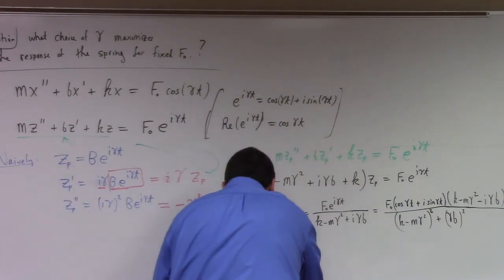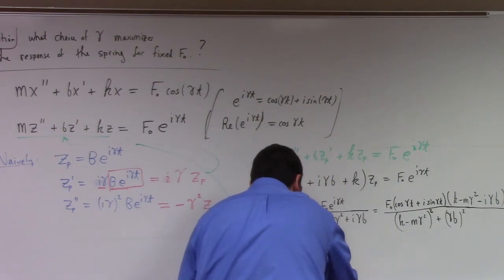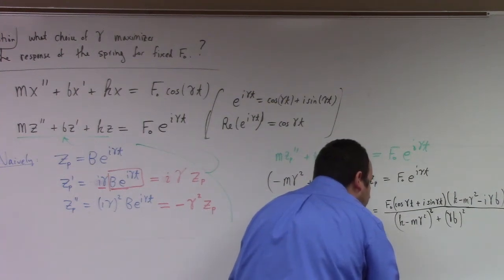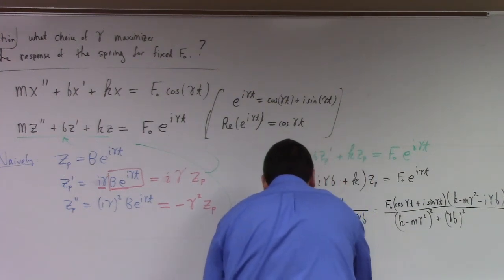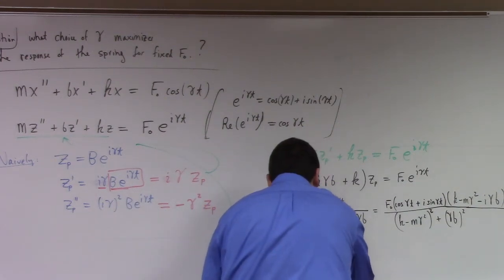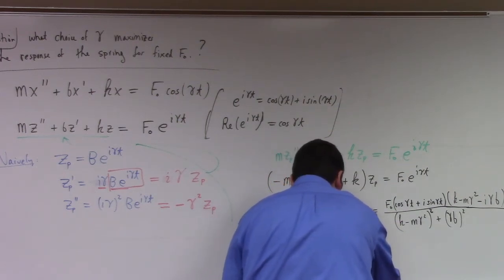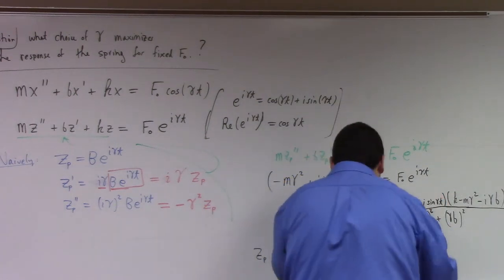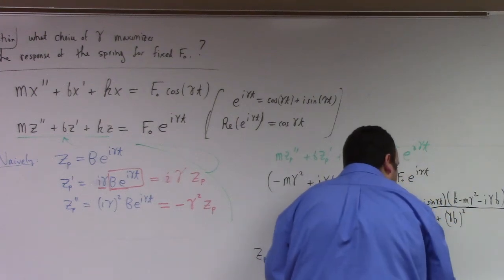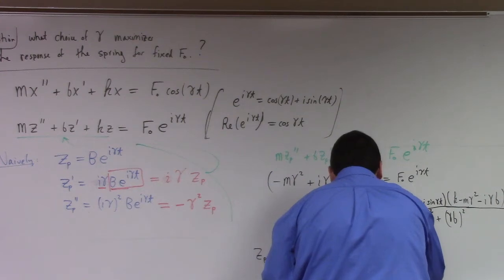So z_p is equal to, looks like we got, F naught times k minus m gamma squared cosine gamma t. I want to write the cosine last. And then i times i gives me a minus, so plus gamma b sine gamma t.